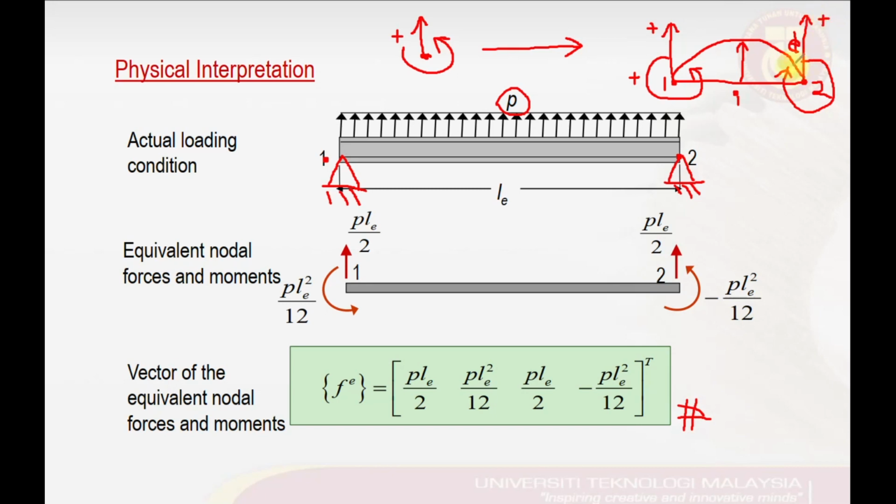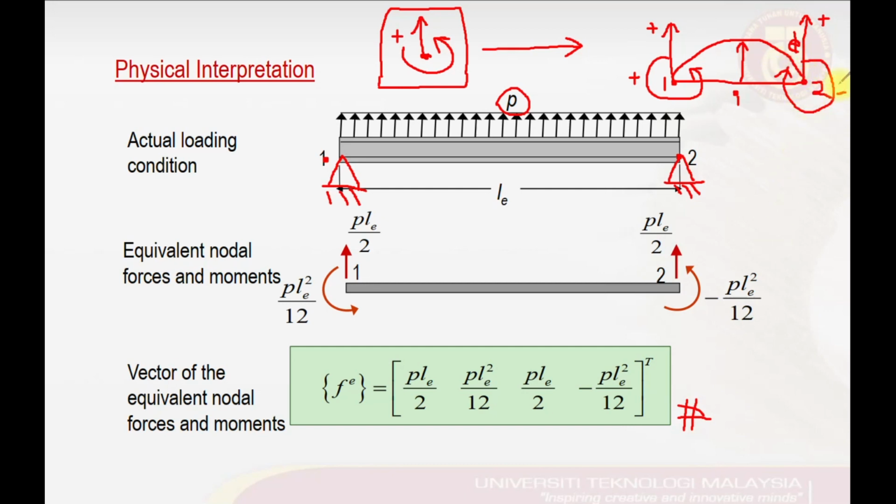On node number 2 we have the vertical force in the positive direction, but as we look at the moment at node number 2, it is in the opposite direction from the positive sign convention that we agreed. So this will give us the negative value of the moment applied at node number 2.